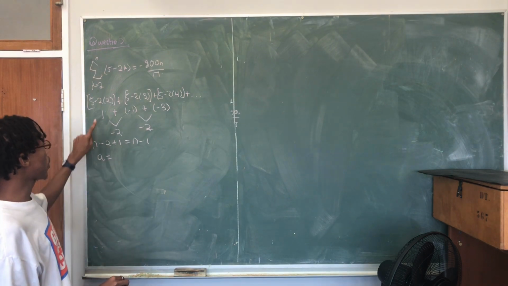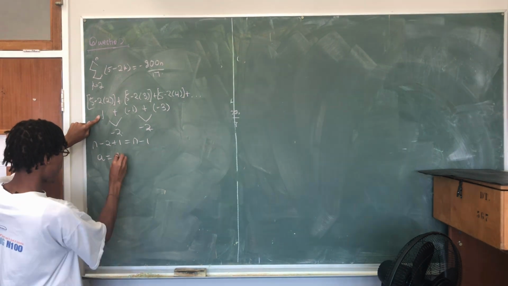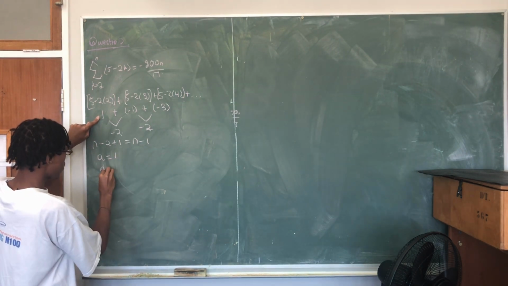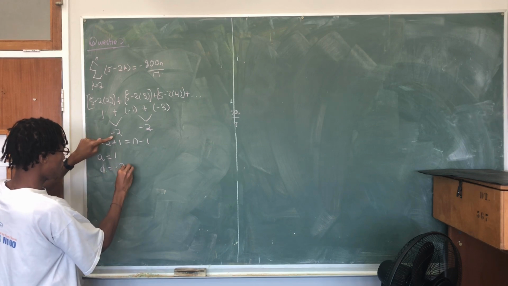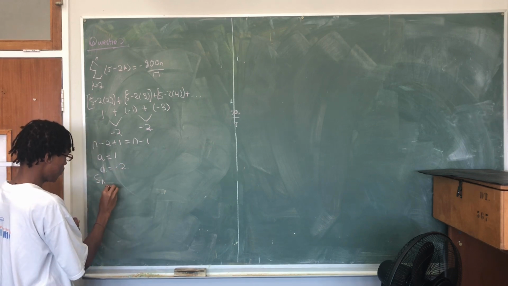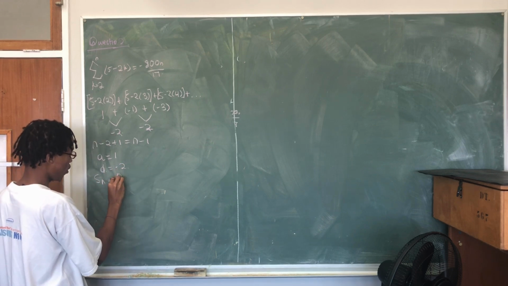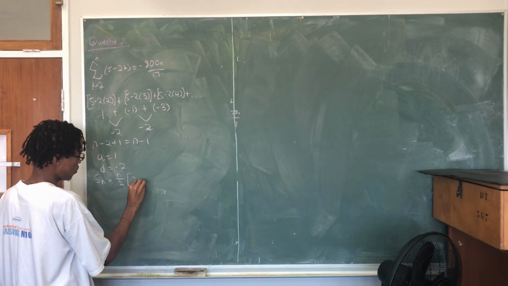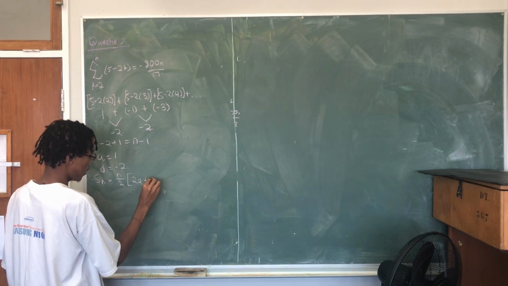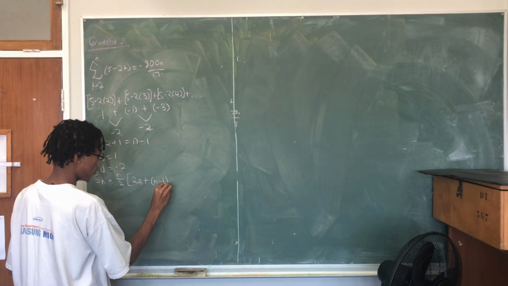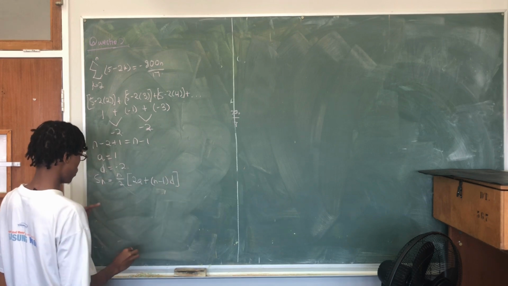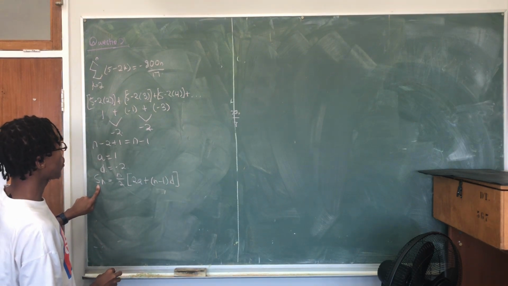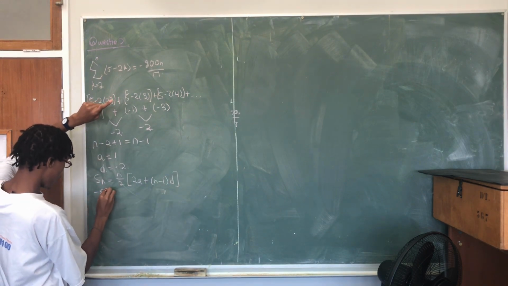Our a is going to be the first term, which is 1. Our common difference is going to be negative 2. We can say the sum is going to be n over 2 times 2a plus n minus 1 times the difference.